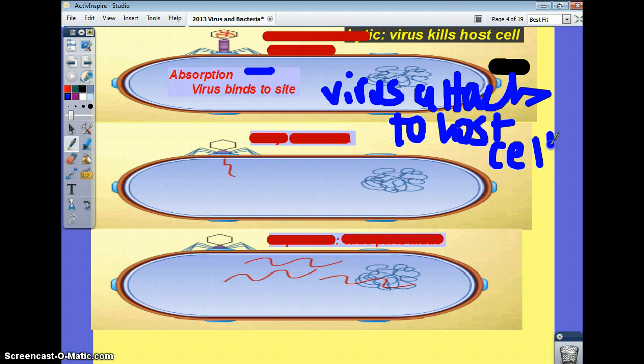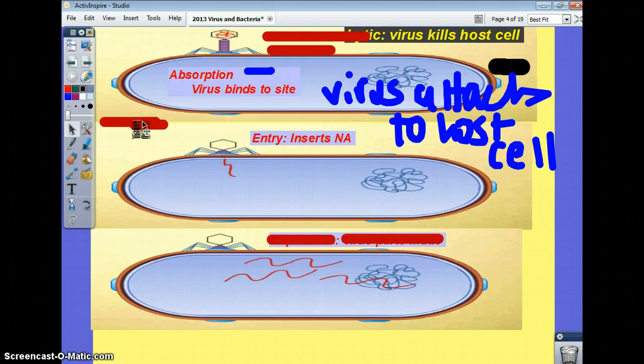Sometimes a virus spends its entire time looking for a host cell and swimming around your body. Then what happens, Christopher? They call that entry, inserts its nucleic acid. He said DNA, it could be DNA or RNA, depending on the virus.